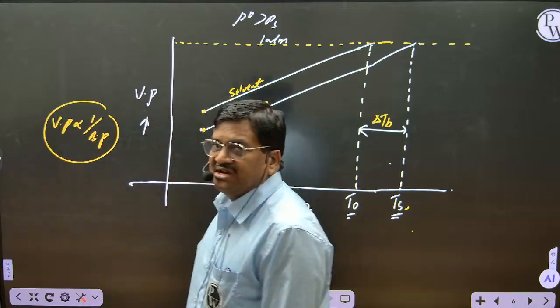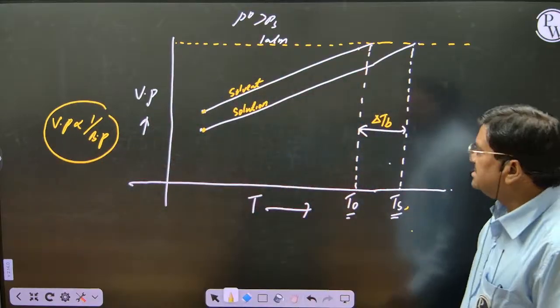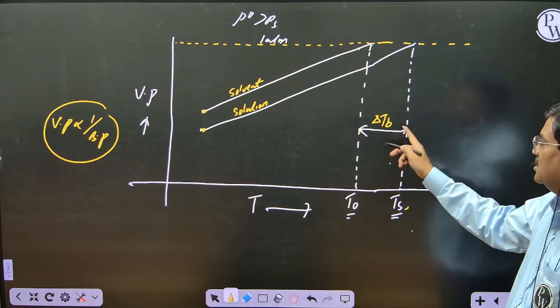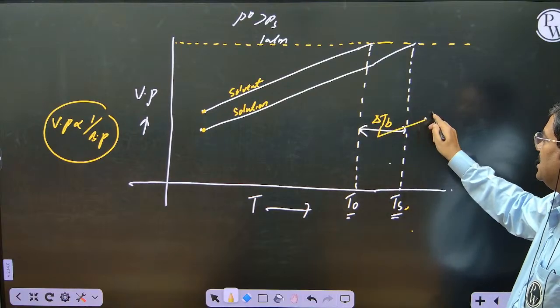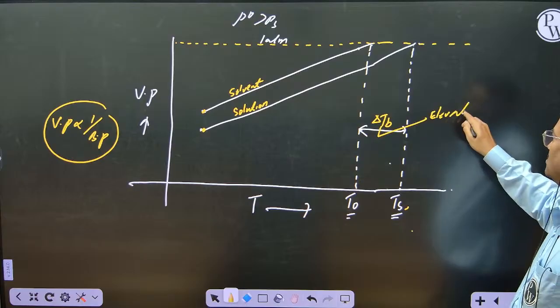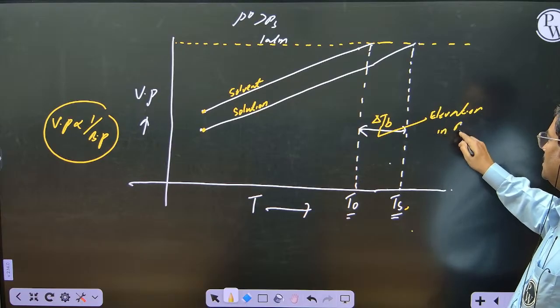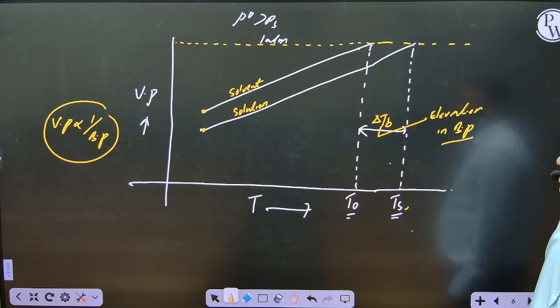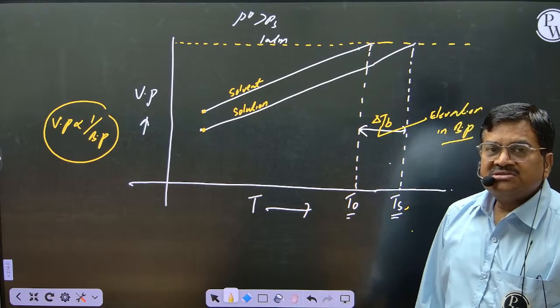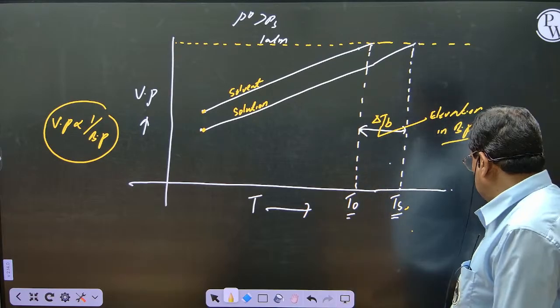If you remember this relation, you won't make any mistakes in this. So this gap gives the elevation in boiling point. This is elevation in boiling point. Understood?